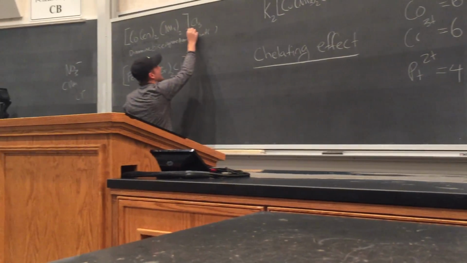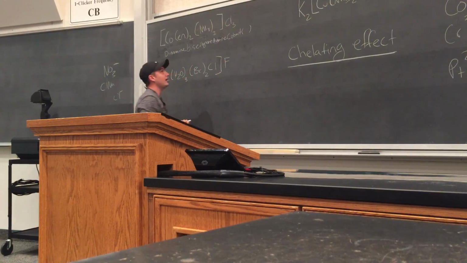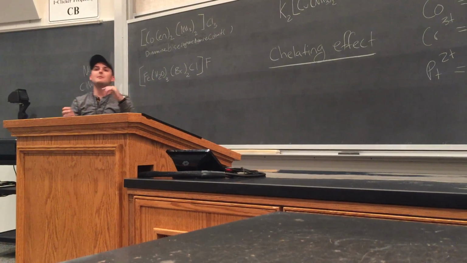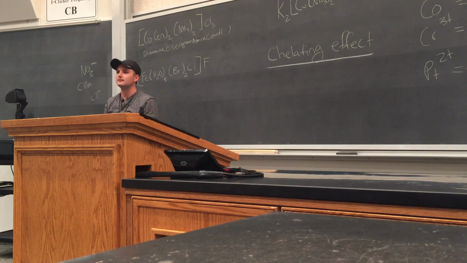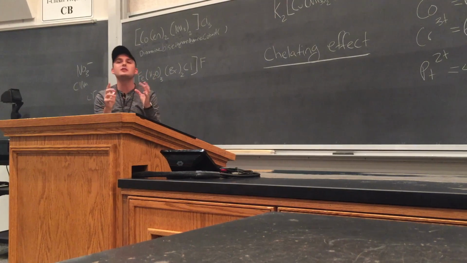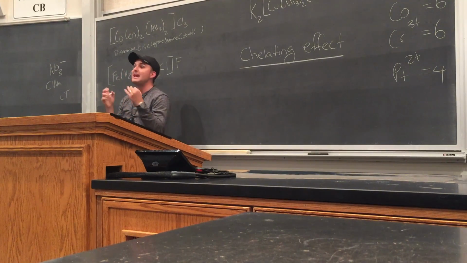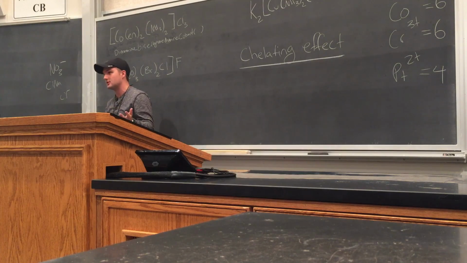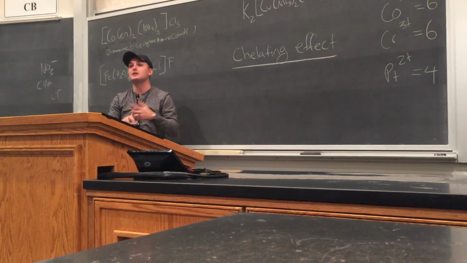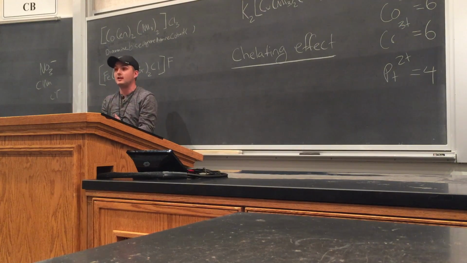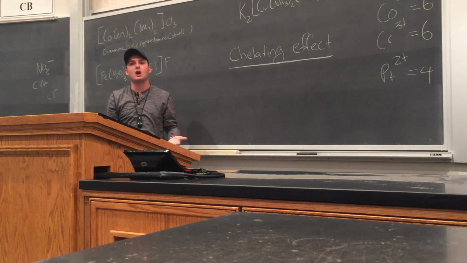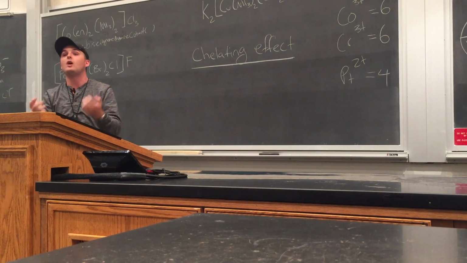Then I look at what's on the outside. There are 3 Cl. Now, just a little tidbit of chemistry for the rest of your lives: how do you know the charge of Cl? It's always 1 minus. The anions do not change their charges. So if you're doing oxidation reduction next chapter and you see a Cl or an oxygen, the anions keep their charges: 2 minus for oxygen, 1 minus for Cl.